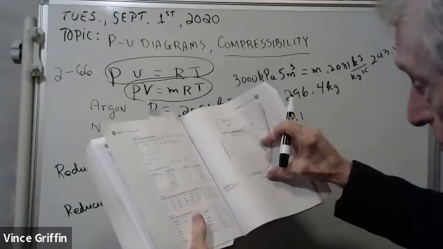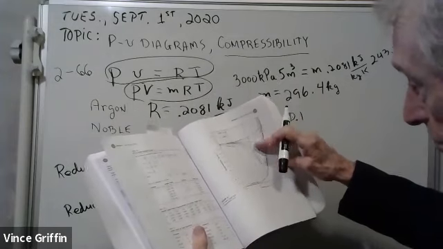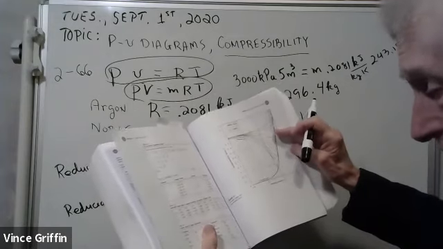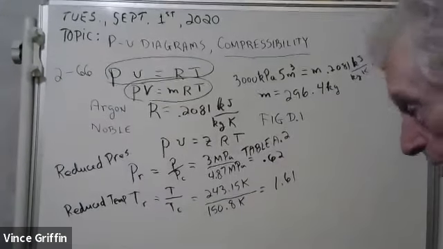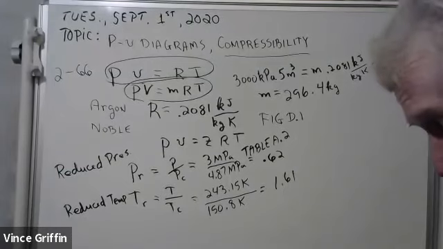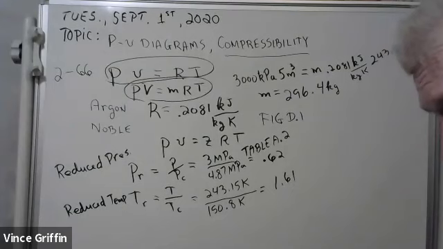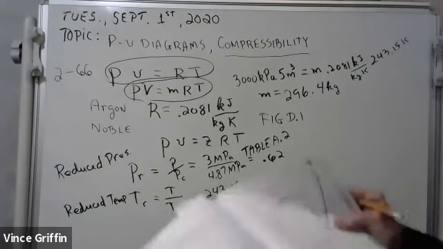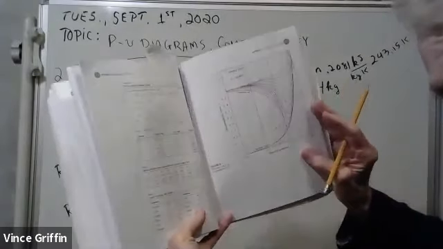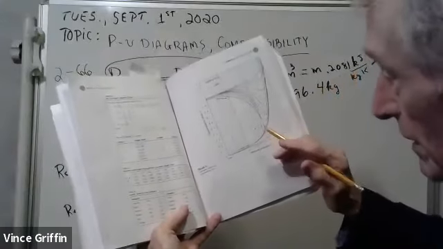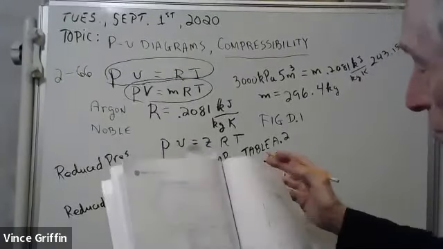You have the reduced pressures on the bottom, and the reduced temperatures are these wavy lines up here. I'm going to take the reduced pressure. I don't know if you guys can see this. Now what I need is a reduced pressure of 0.62.